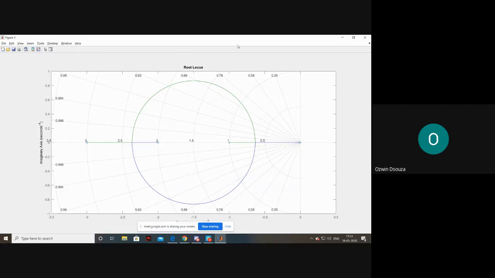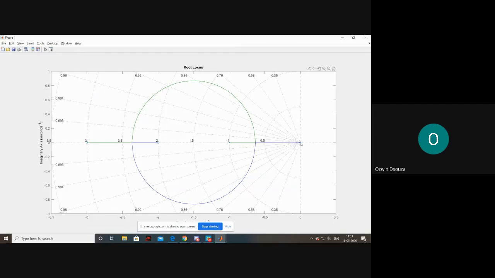So what you have to do is correlate the system plot with the plot which we had drawn in the regular class. In the regular class, we had got a circular plot. Even in the system, we are getting a circular plot, and you can see the locations of poles and zeros.